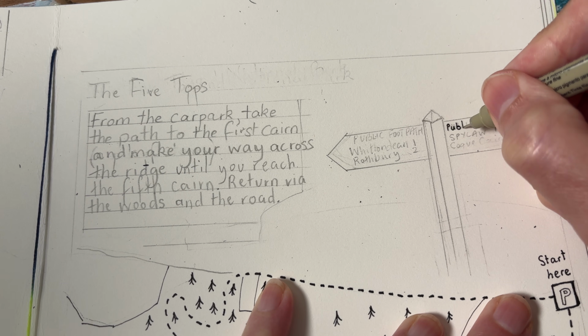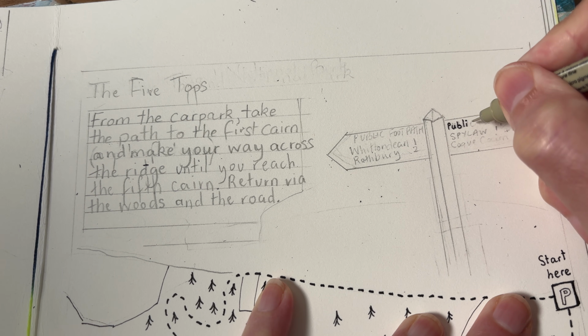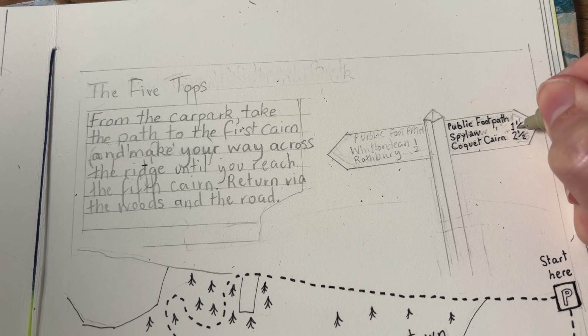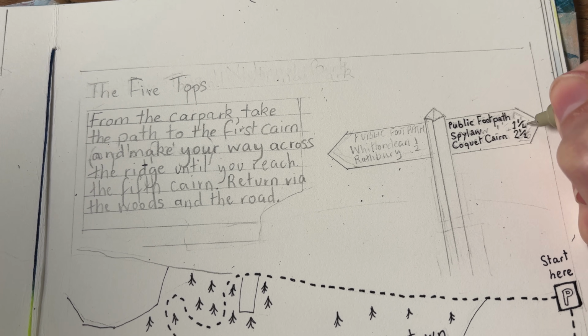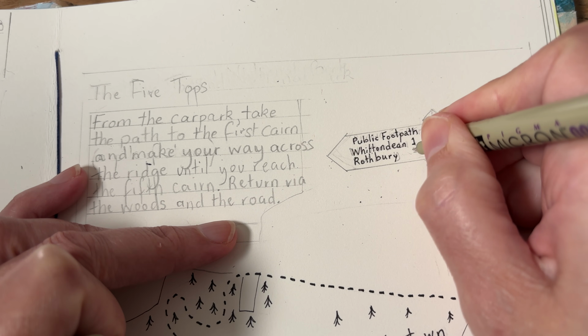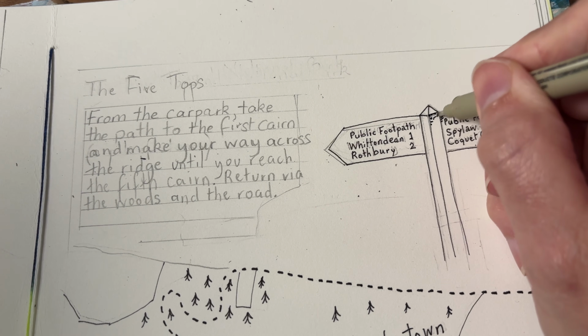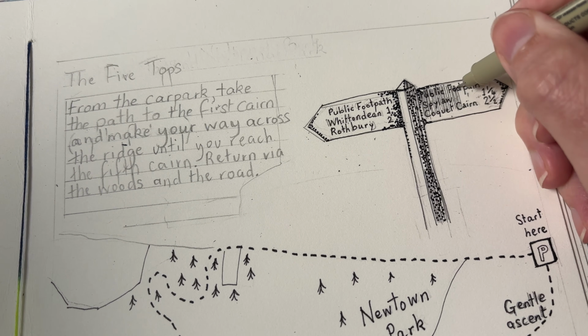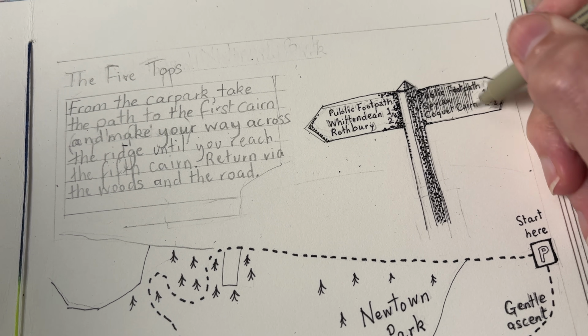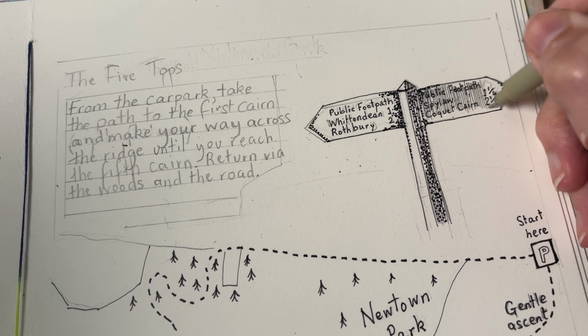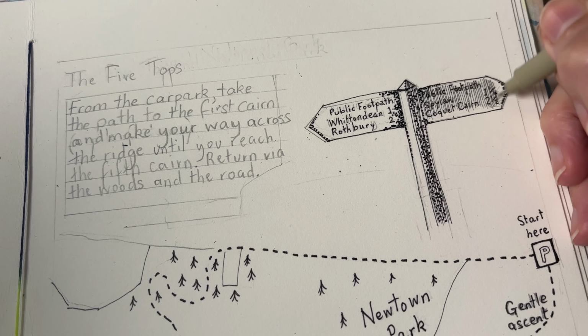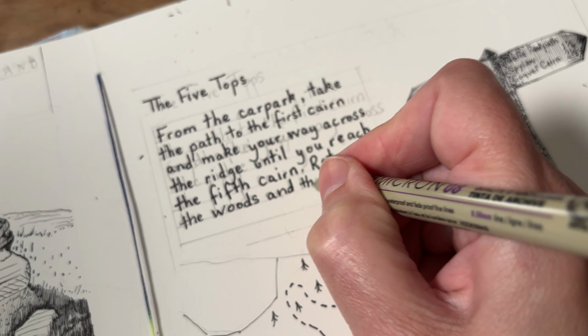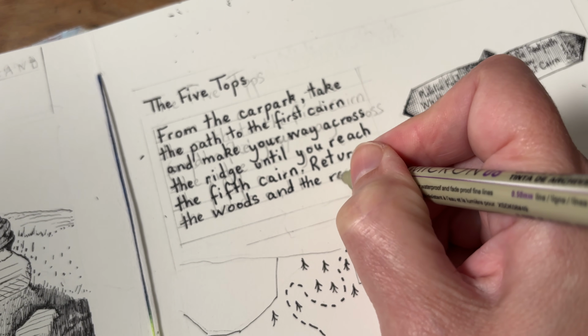One of the last illustrations I added to this spread was of the signpost that was near the car park. I wanted to add it next to the description because there was a space at the top of the page and I thought it would be great to have it near the introduction. I managed to stick to using the 005 pen for most of the illustrations and the thicker pens for the text.